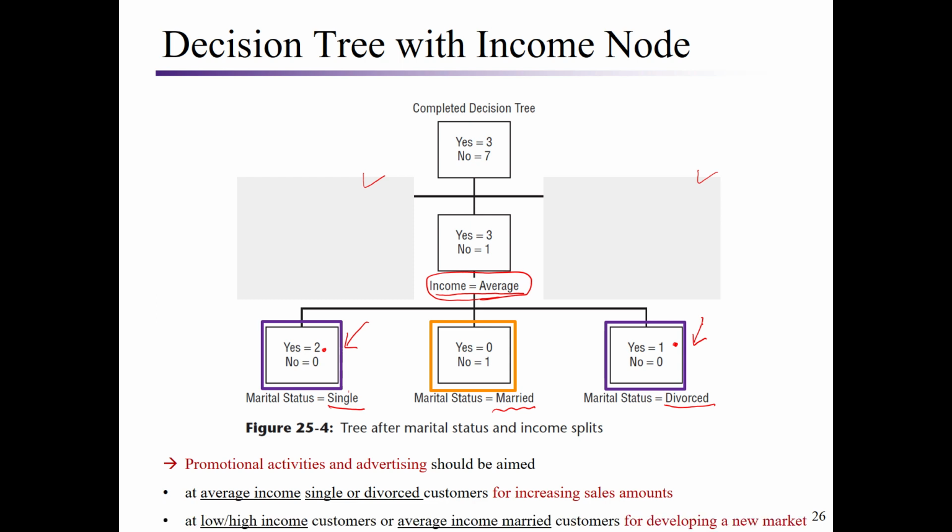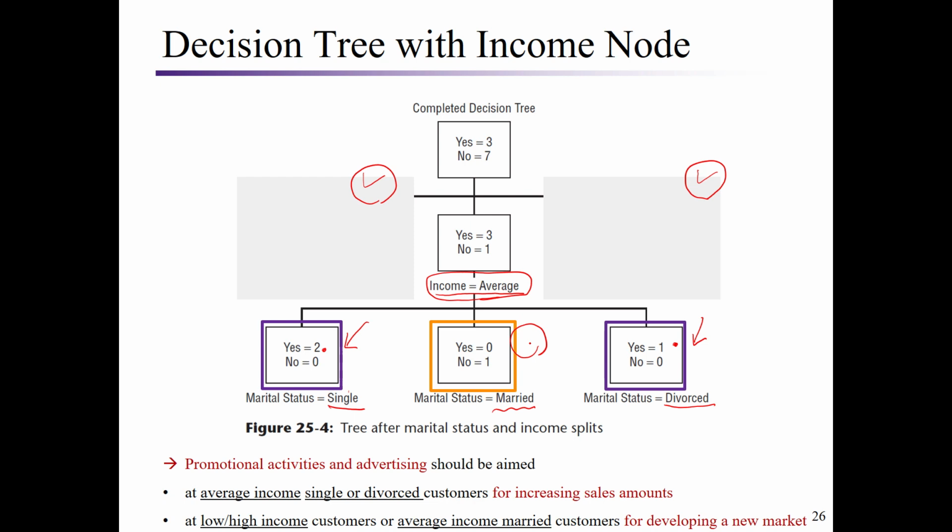Or if you want to develop a new market, you may want to aim at low or high income customers. They are here and here. Or average income married customers here.